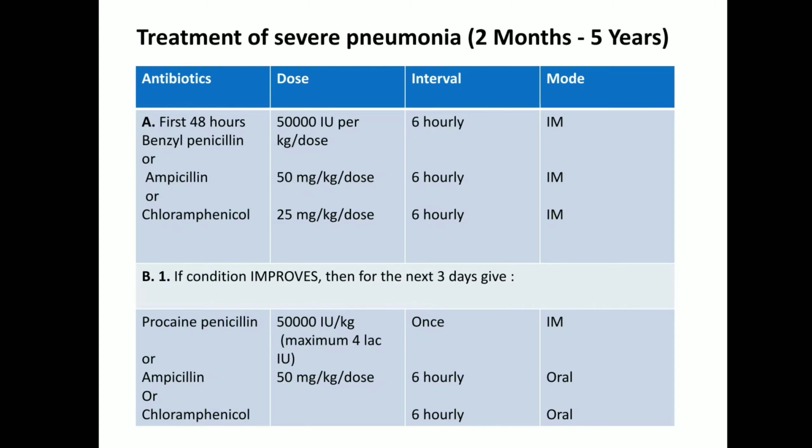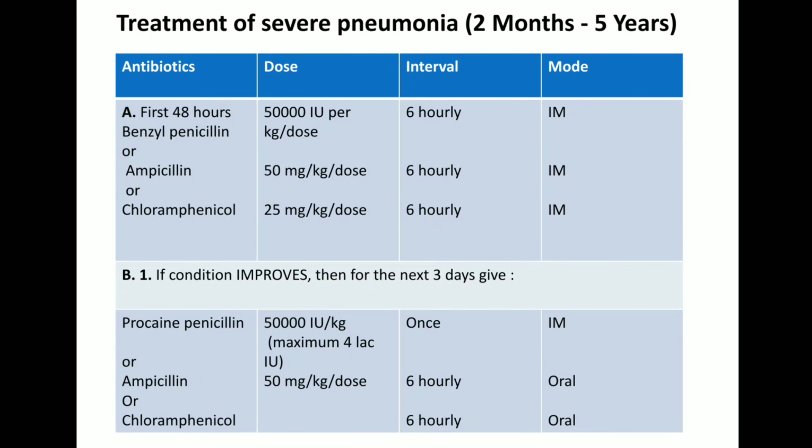The dose will be 50,000 international units per kg body weight, given once a day. It is given orally, and if that is not possible, you can change the patient from injection form to oral form. There you can give ampicillin 50 mg per kg body weight 6th hourly, and chloramphenicol 6th hourly, with a dose of 25 mg per kg body weight. So from injections we are moving the child to the oral form in the treatment of severe pneumonia.